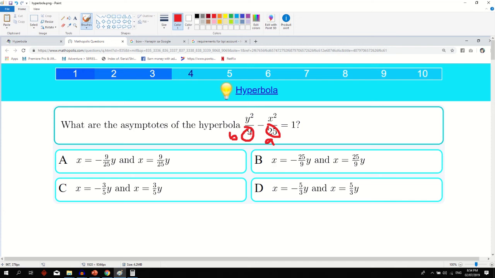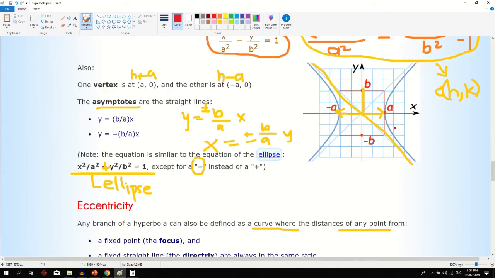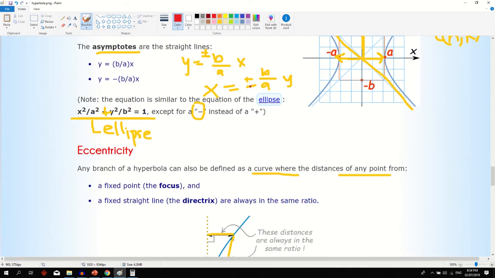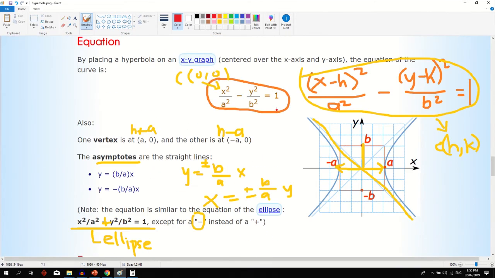Okay, so what should it be? Is it still X? They're still using X, so X equals to what? B over A Y. So do you have a copy here explaining the asymptotes? Okay, here. If the y-axis is, we will review our answers.